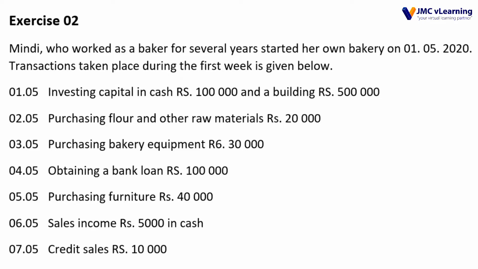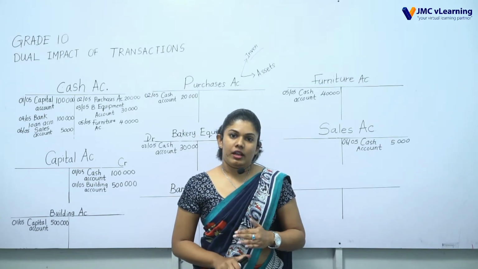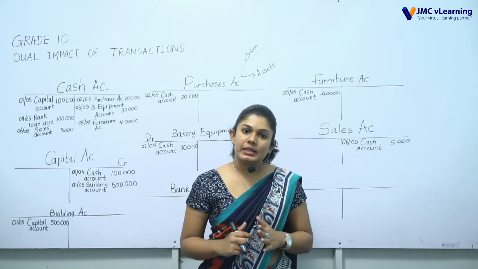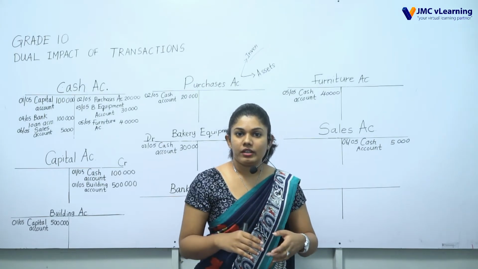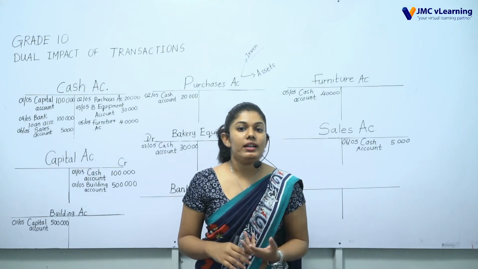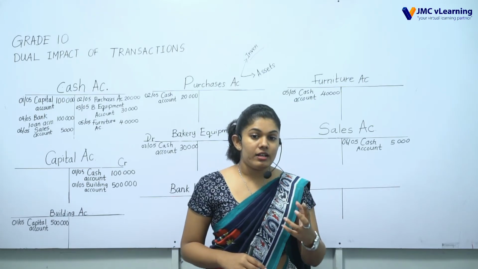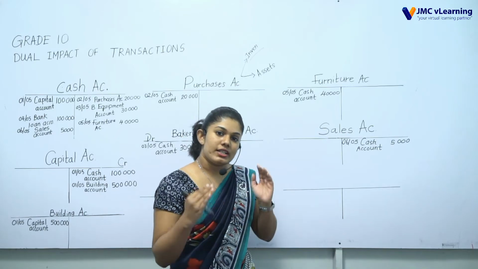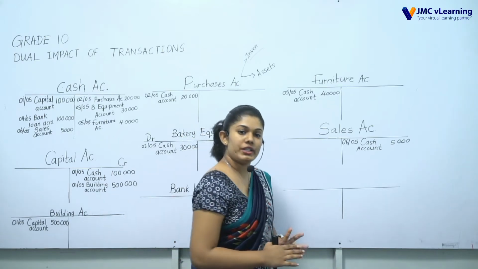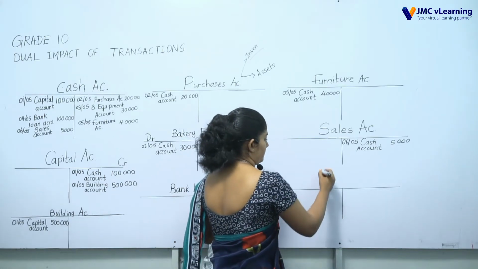Last transaction, 7th of May, credit sales 10,000. Credit sales means we are selling goods with the agreement of the debtor to pay on a later date. In the results of a credit sale, we get a new asset just like our accounting equation, debtors.